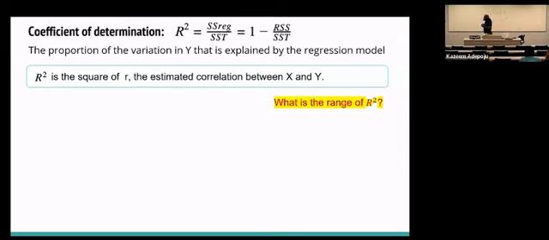Of course, that is going to be the ratio of what? The ratio of the explained variation to the total variation. And that's why you are seeing SSreg divided by SST. Does that make sense? If you multiply that by 100, you're going to get it in percentage. We also call that the goodness of fit of a model.